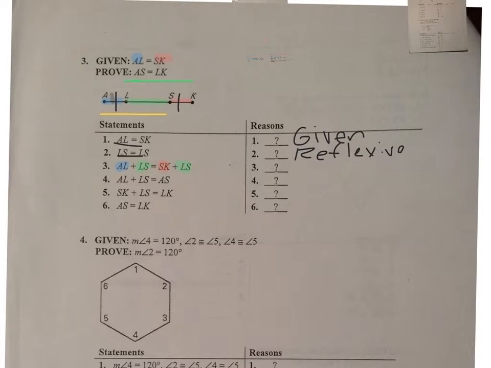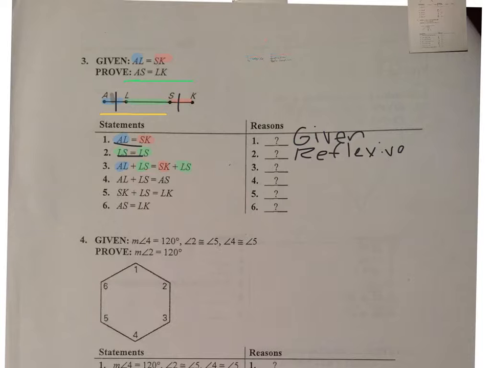Now the question is, how did we get there? We know it's got to be true. So if you have a question about how it got there, look at the steps above. And here's all that happened. We had the fact that AL was equal to SK. We next pointed out the fact that LS is equal to LS. And we have that addition rule, right? The one we were using in algebra for all these years.